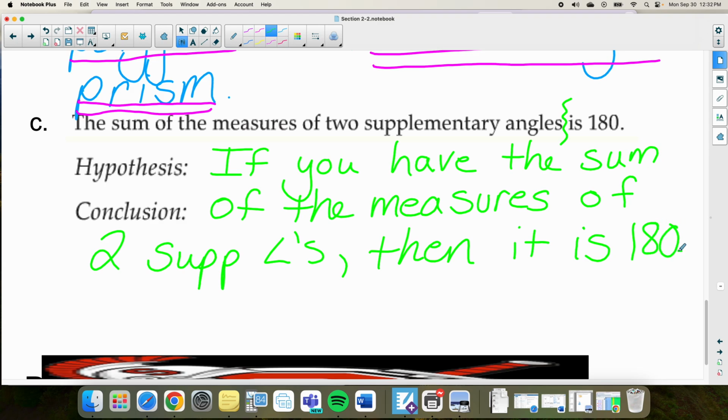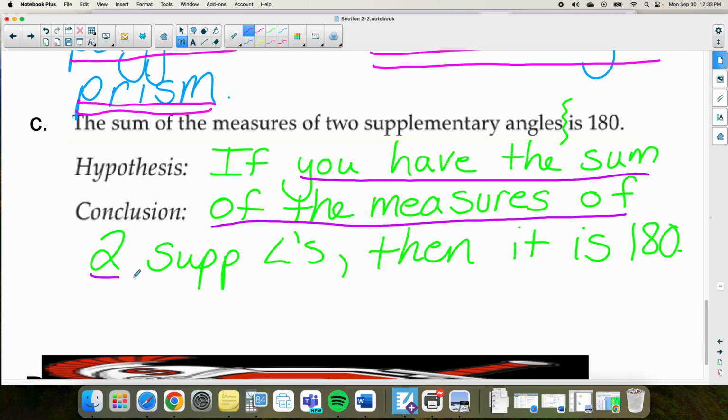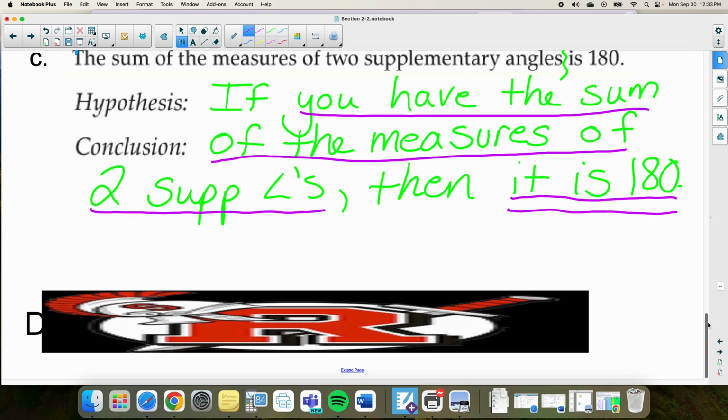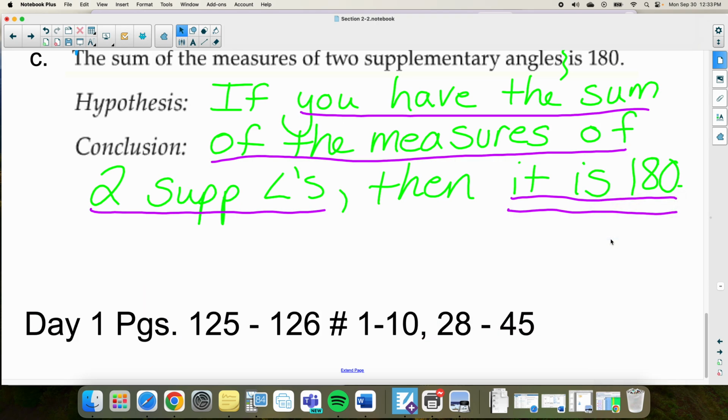Okay. Then what you can do is go back in and single underline up until the word then, and then double underline after it. And make sure you don't underline if and you don't underline then. And then here it is your assignment. So like I said, it's not that it's super hard, it's just that it's a lot of writing.